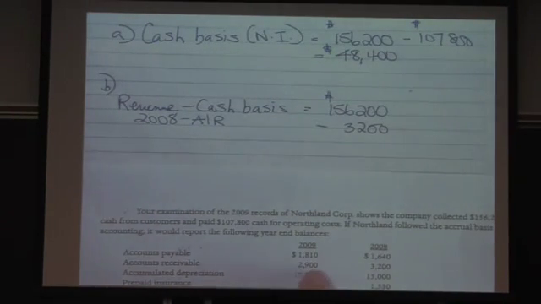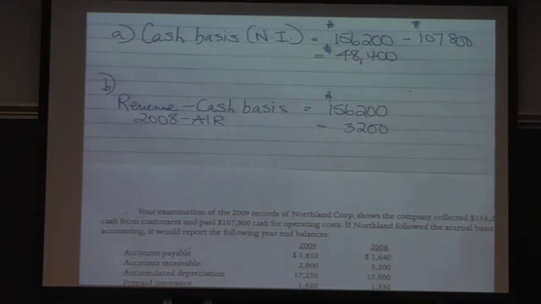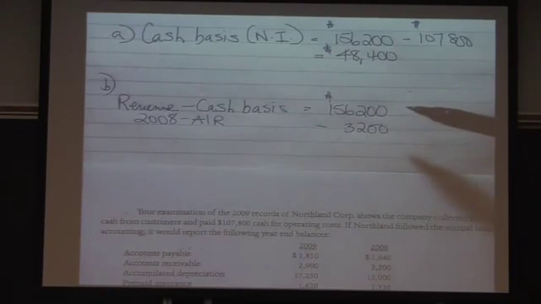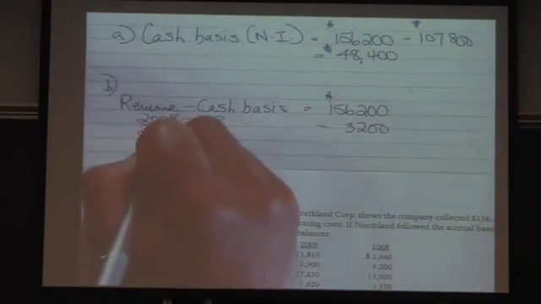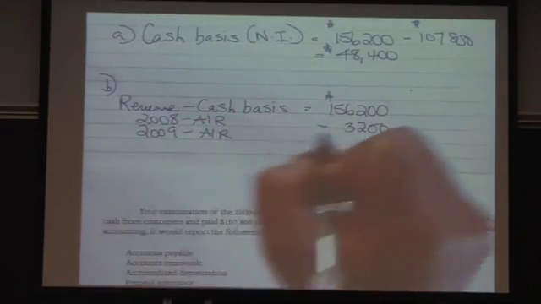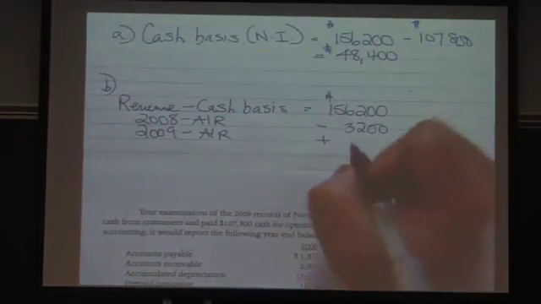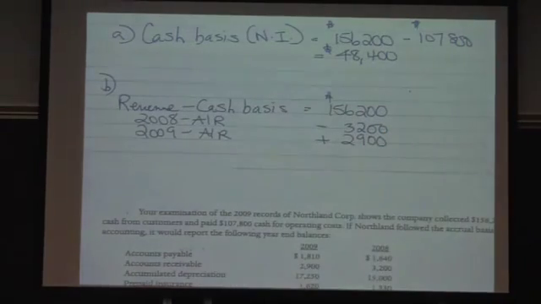And the 2009 receivable would have been something that we haven't collected, so it's not part of the 156, but it would have been earned in 2009. So we're going to add the ending balance accounts receivable of $2,900.